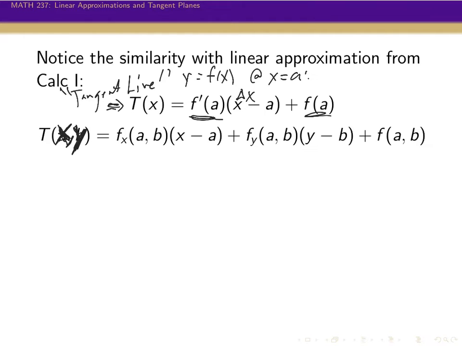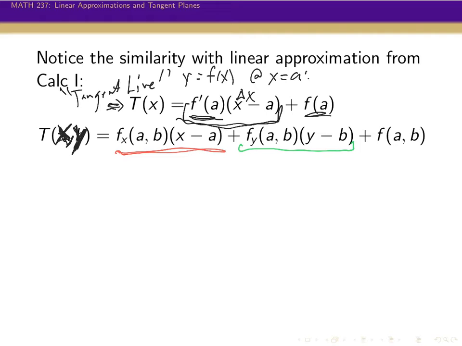Okay. So what do we have here? Well, what has happened to that slope? Well, because we're in two variables, now we have to look at the effect of both x and y separately. And so the slope times x minus a, it's kind of split into two. One part to represent the change in moving in terms of x, and the other part to represent the change in terms of y.